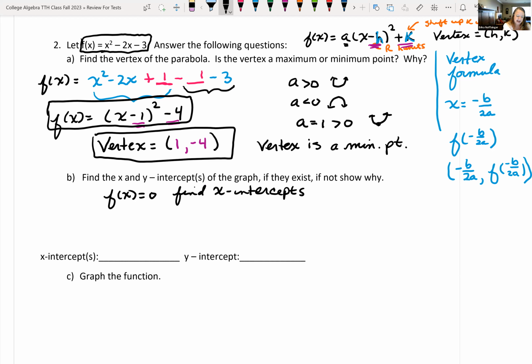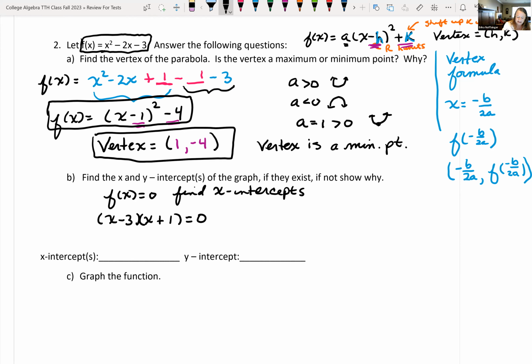But I noticed that f of x factors really nicely. There are two numbers that multiply to give me -3 and would add to give me -2, and that would be -3 and +1. So our function f of x factors as the quantity x minus 3 times the quantity x plus 1. Finding the x-intercepts, we're setting that equal to 0.